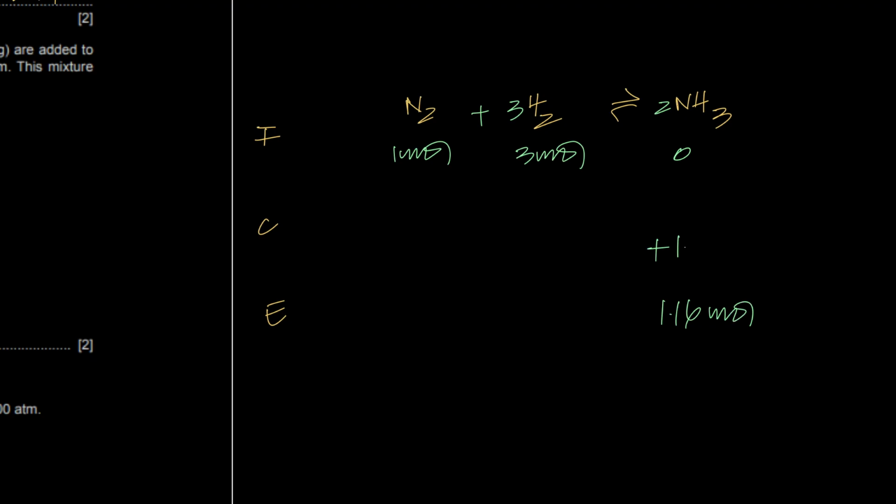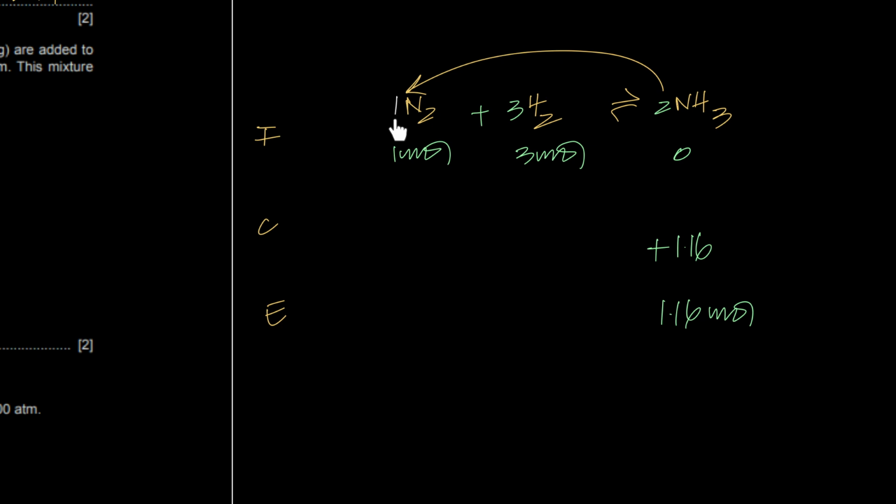And I know initially you had 0, so a 1.16 moles increase happened, right? And see, it's a 2 to 1 ratio. So I know I can now use this entire row to my advantage. Hey, 1 mole of N2 gives you 2 moles of NH3. So whatever change you have here, N2 is going to be half of that.